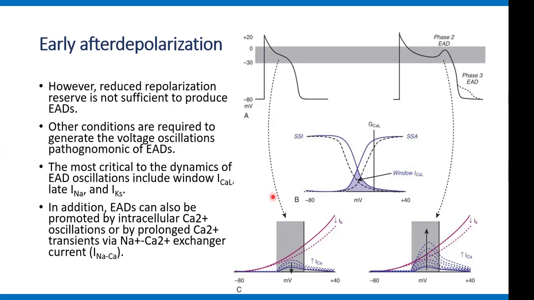You also have the long-lasting type calcium channels being activated towards the end, and then you also have the slow potassium channels in that range. So once these all come into play, there is a critical window period where you can have what? An action potential being generated.